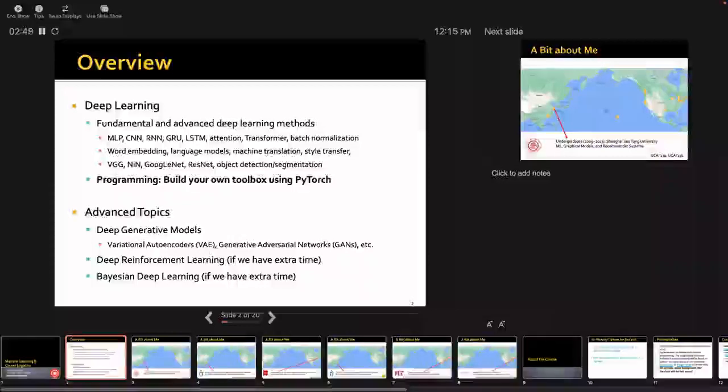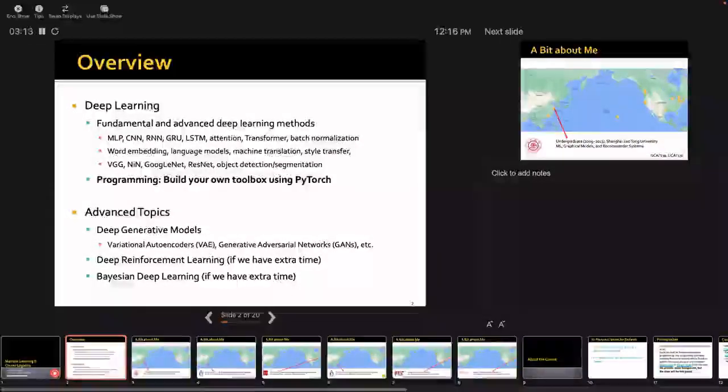So we're going to cover very technical details, and I think part of the homework will also cover the details. And we're going to talk about attention, transformer, and batch normalization. These are modern techniques to help you train deep neural networks.